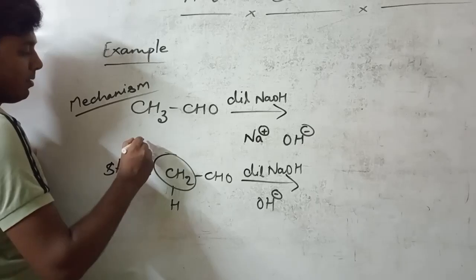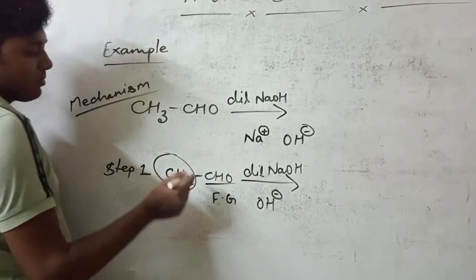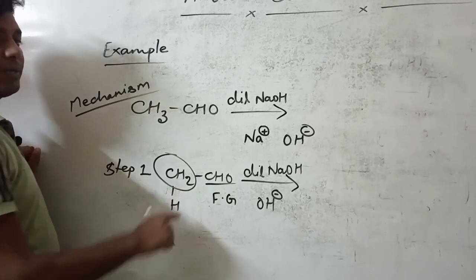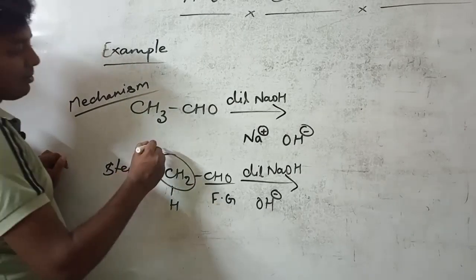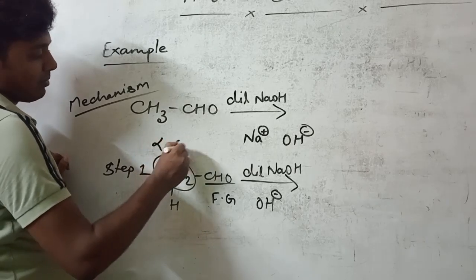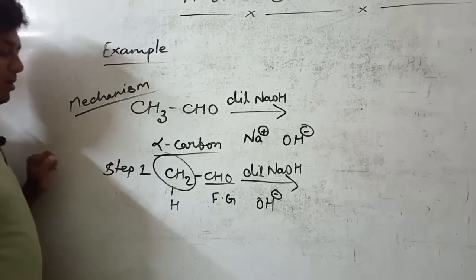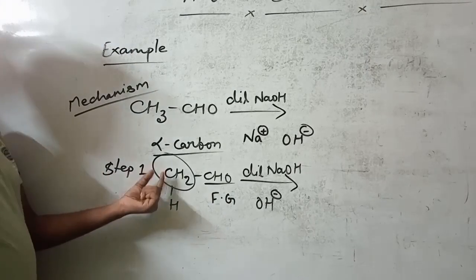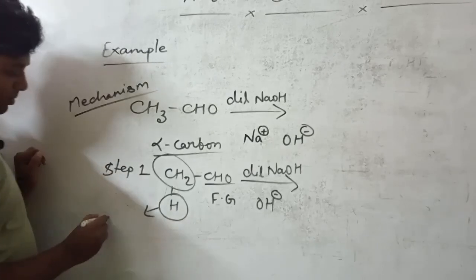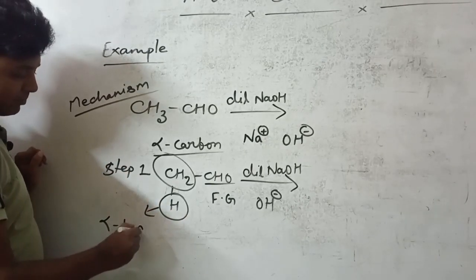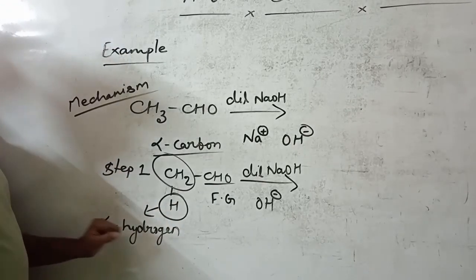This is the functional group of aldehyde. The first carbon atom, the one attached directly to the functional group, is called the alpha carbon. All the hydrogens attached to the alpha carbon are called alpha hydrogens.